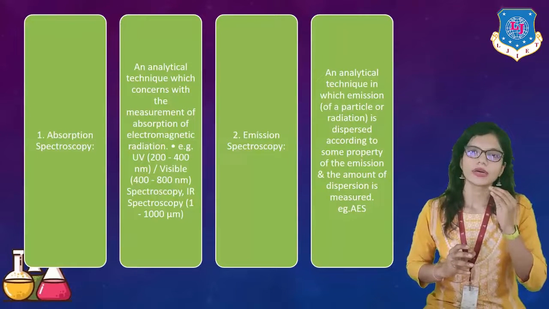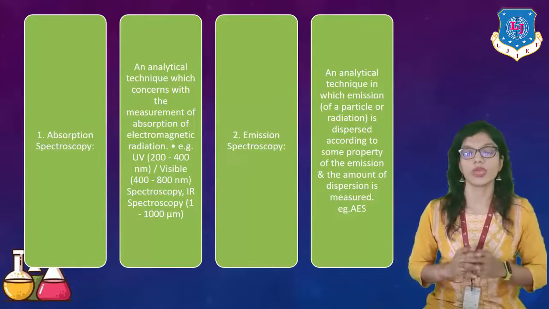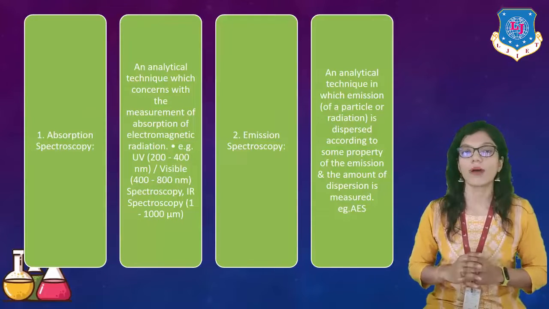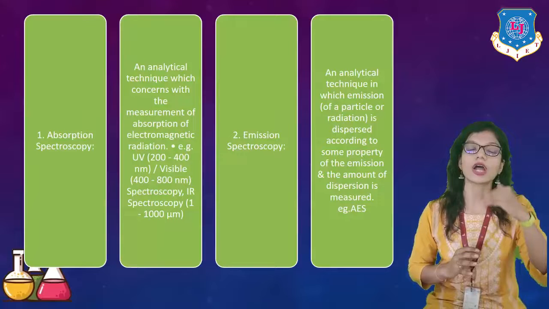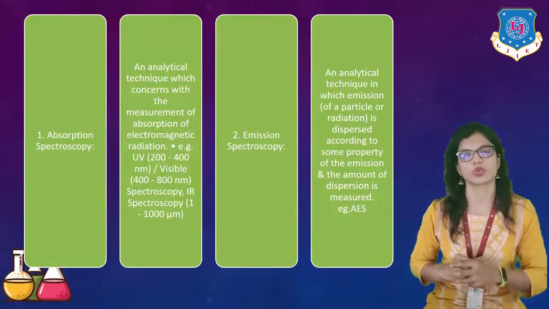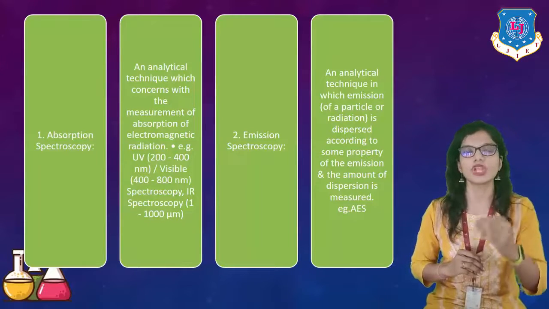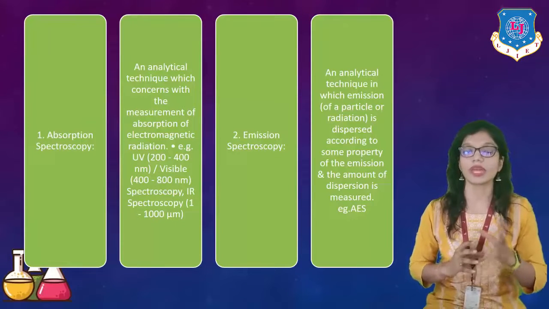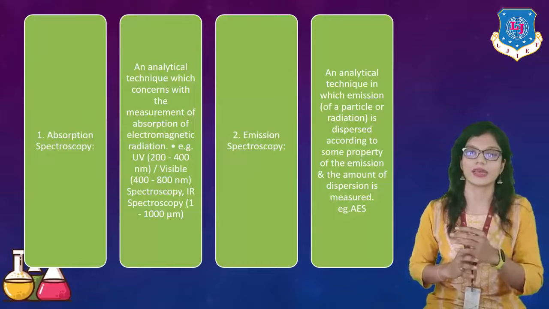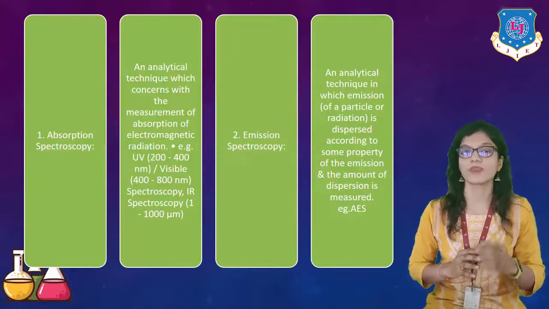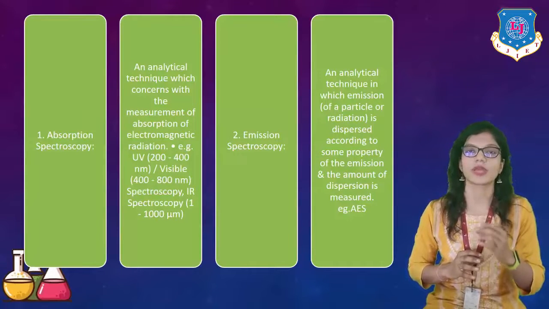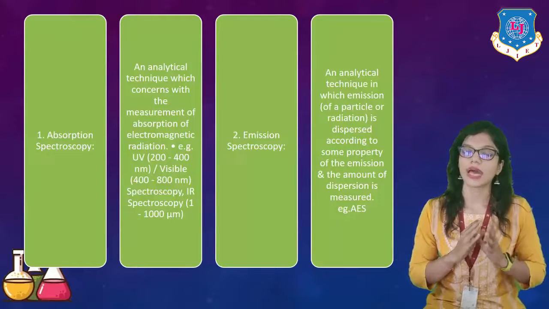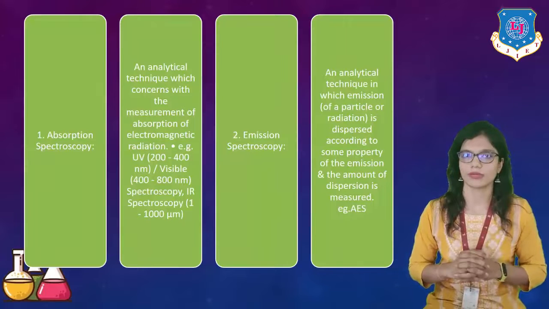Here, the UV and IR spectroscopies are absorption spectroscopy. These are molecular spectroscopies which identify the molecules. When we talk about atomic spectroscopy, we can refer to it as AAS. AAS stands for atomic absorption spectroscopy. These are the absorption spectroscopic methods.